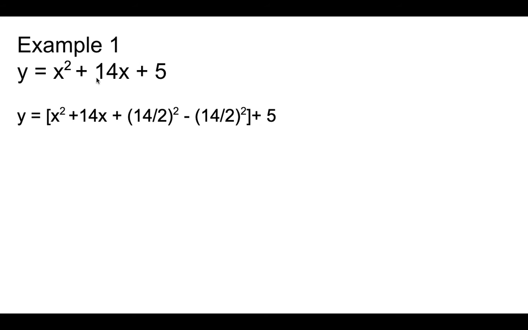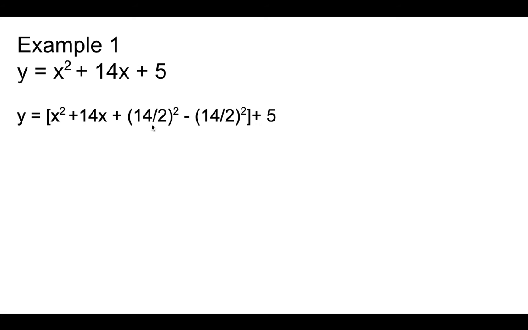We're going to divide the middle term by 2 and square it. And then, because we're doing this, we have to subtract it to keep this equation the same. Okay, so 14 divided by 2 squared minus 14 divided by 2 squared.